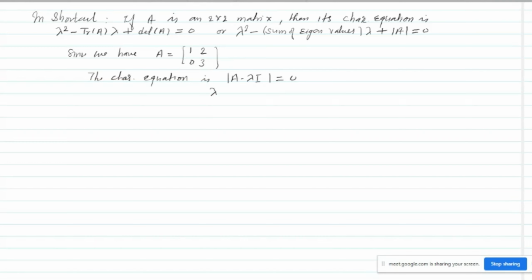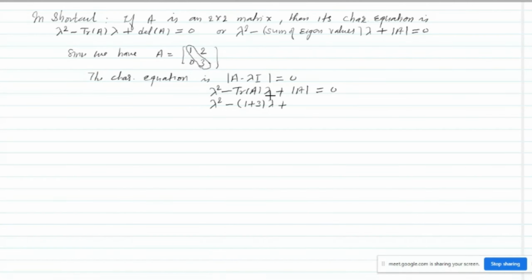After this you just write down: lambda square minus trace of matrix A lambda, plus determinant of A equal to 0. So lambda square as it is, minus trace of the matrix. Trace means sum of the diagonal elements, so 1 plus 3 times lambda, plus determinant.